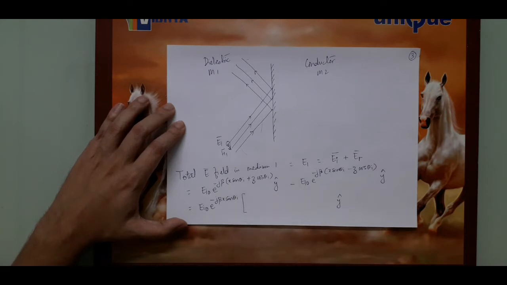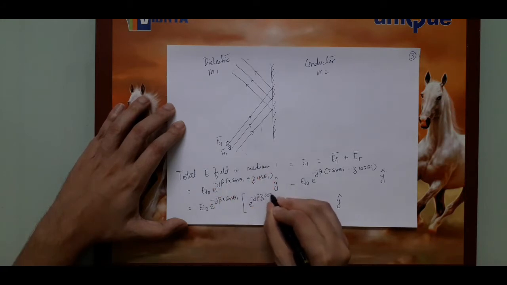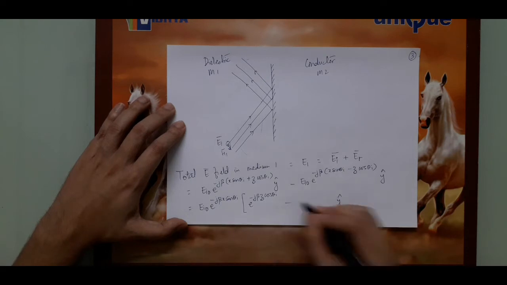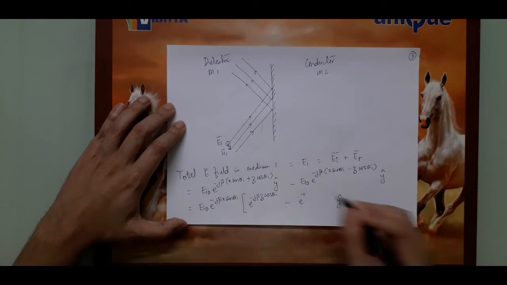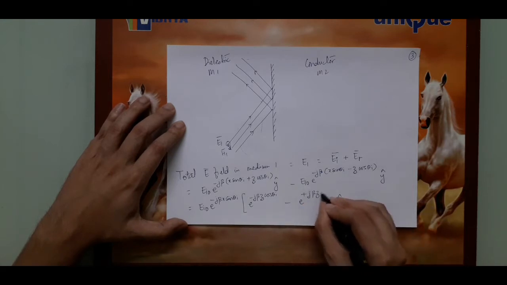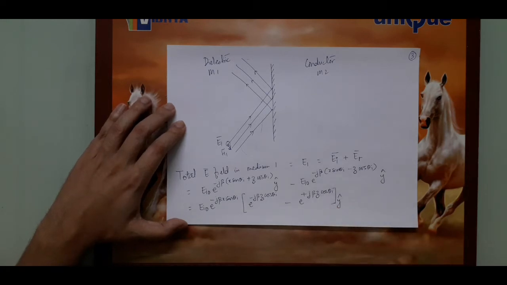And inside, what will I get? I will get e raised to minus j beta z cos theta I minus e raised to plus j beta z cos theta I. Is this correct? Yes, I think so.